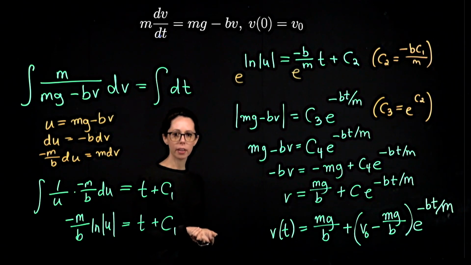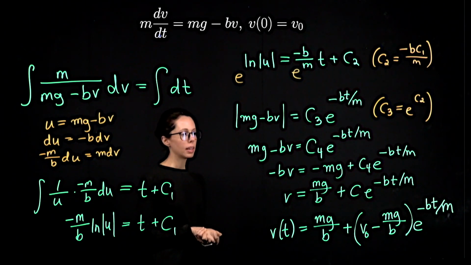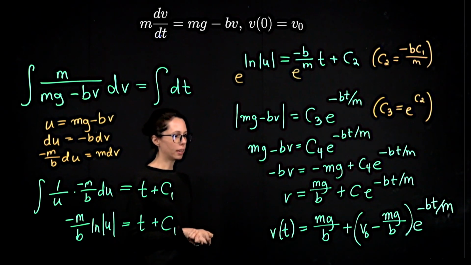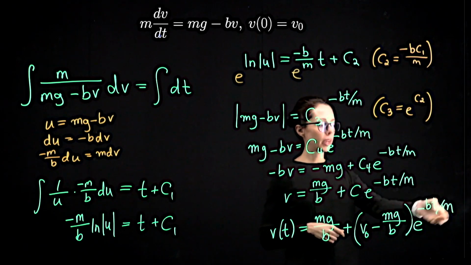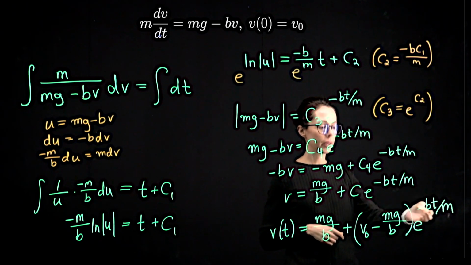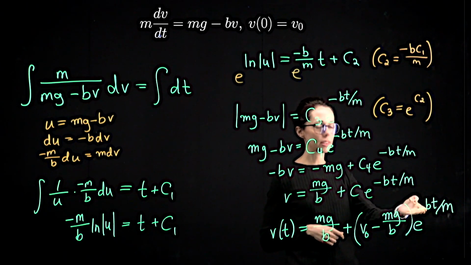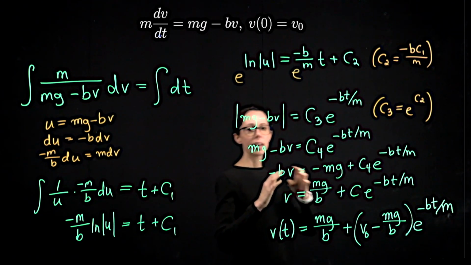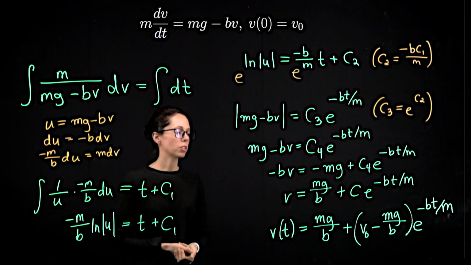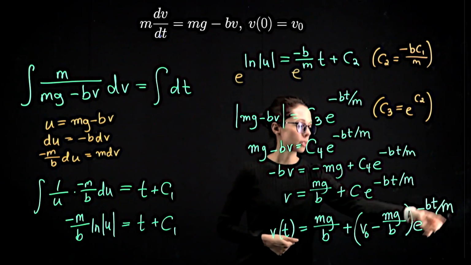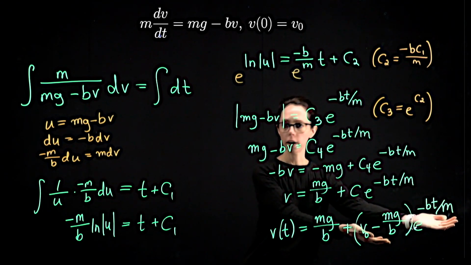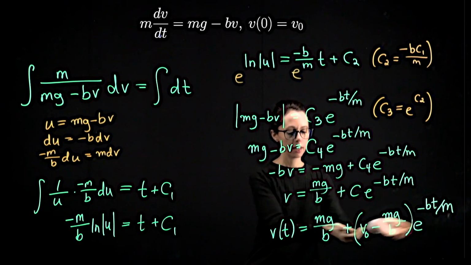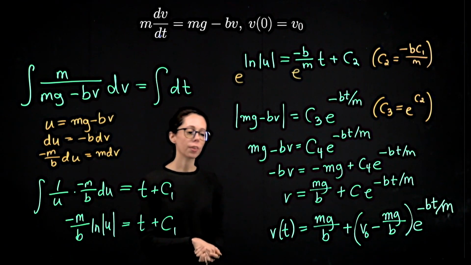What happens as t goes to infinity? As t goes to infinity, this exponent up here is going to go to negative infinity because b and m are positive. We have this leading negative term, and t is going to infinity. So this behaves like the left-hand side of the exponential function, meaning that this goes to 0. So this whole part of the solution will vanish, leaving us with just mg over b.